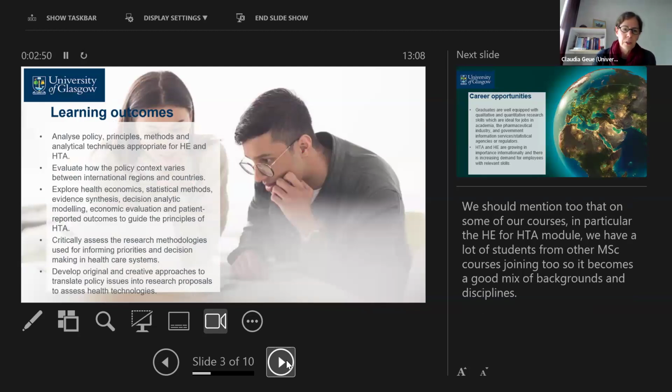So some of the learning outcomes I've just noted here. By the end of the course, students will be able to analyze policy, principles, and methods and analytical techniques appropriate for health economics and HTA, and also evaluate how these policy contexts vary between international regions and countries.